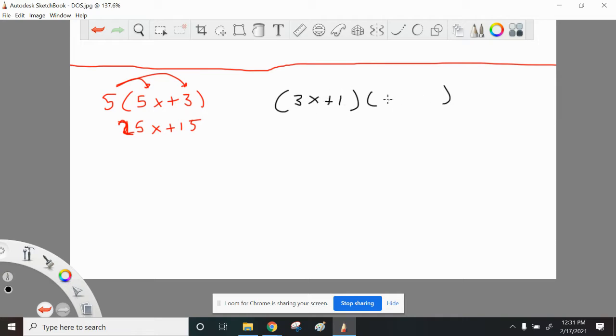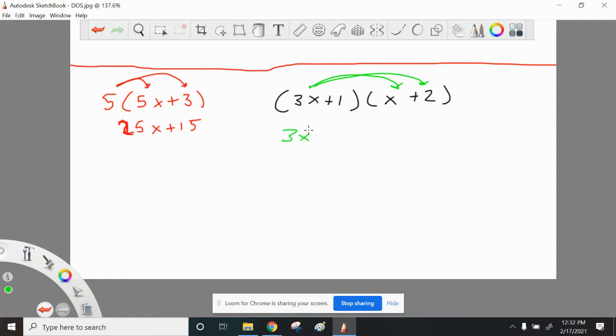So we'll do a little review of this since it's probably been a while since you thought about this, and it was probably easy a year ago, but it's been a year. So foiling is when you have a binomial times another binomial, basically a double times a double, and all you need to do is just basically distribute the first to both of them and then distribute the second to both of them as well.